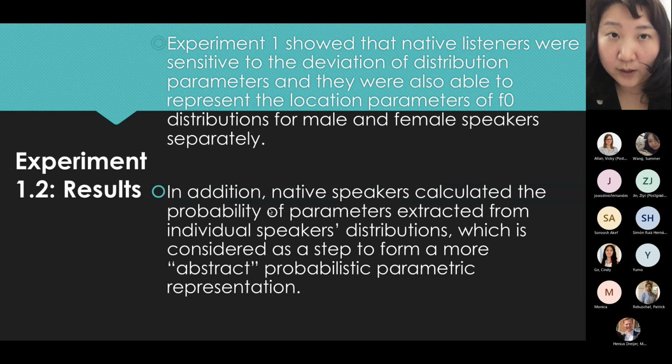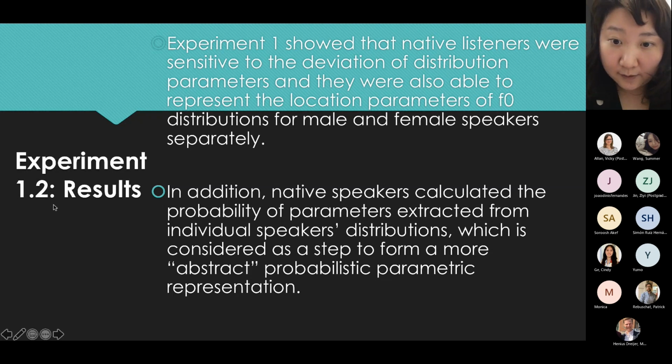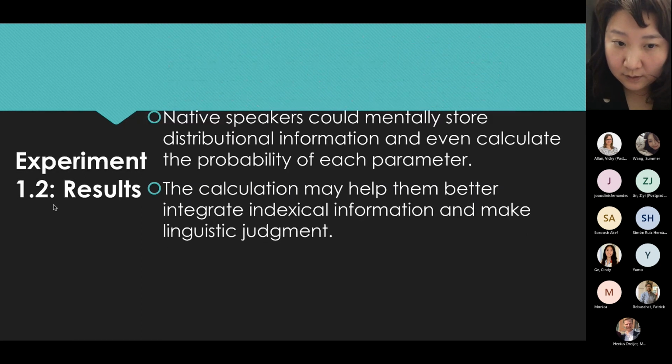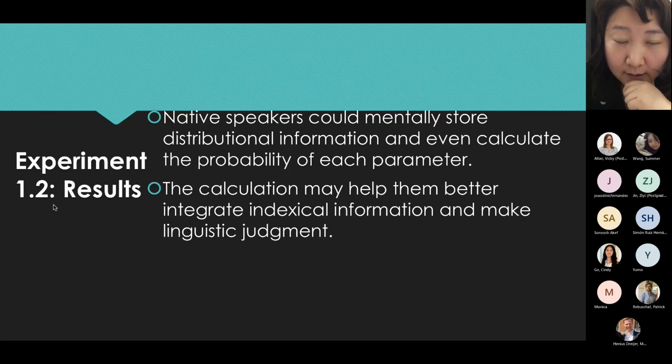You can think of parametric representations as a kind of prior knowledge that speakers have stored in their mind. So we did find that both the contextual information and the parametric representations play a role in tone identification.